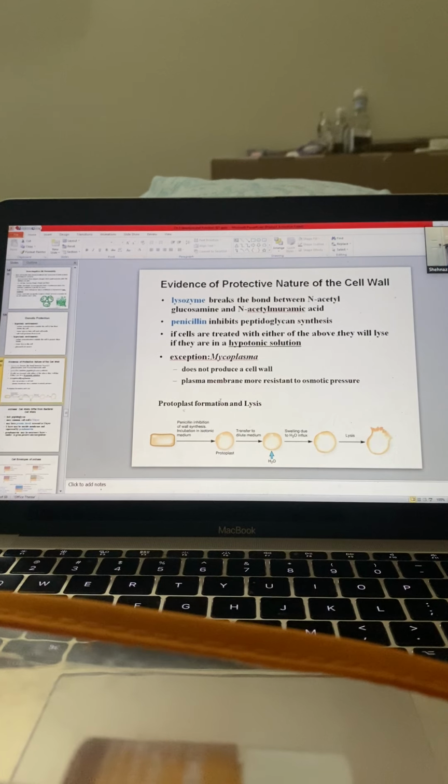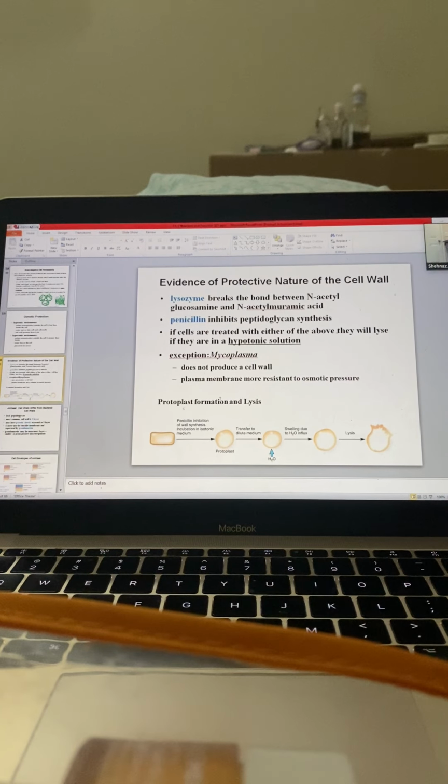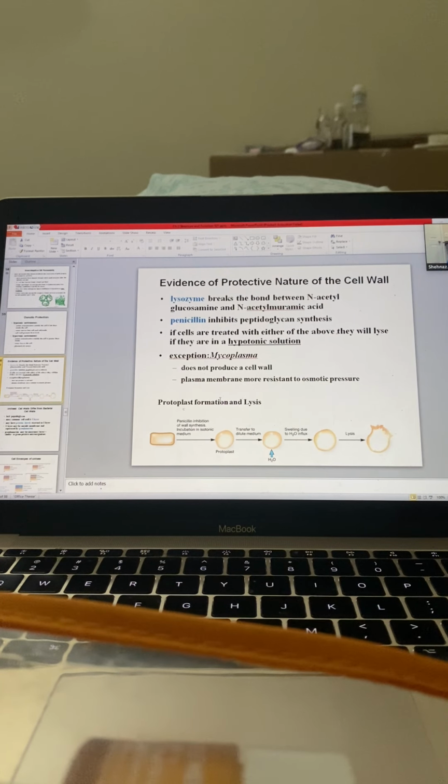If the cell wall cannot grow, the cell cannot elongate. And if the cell cannot elongate, of course, cell division will not occur. So penicillin happened to be right where he was trying to find something to break the cell wall using lysozyme. He stepped into a chemical compound that would even stop the synthesis of the peptidoglycan.